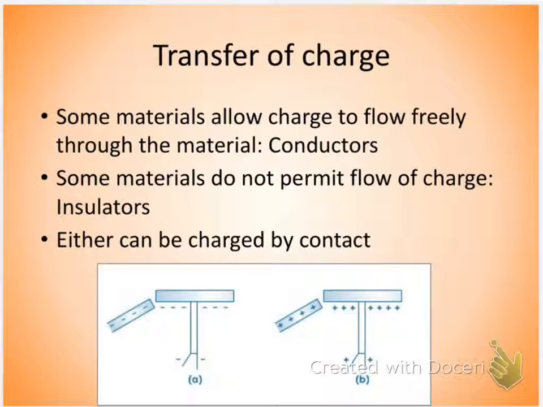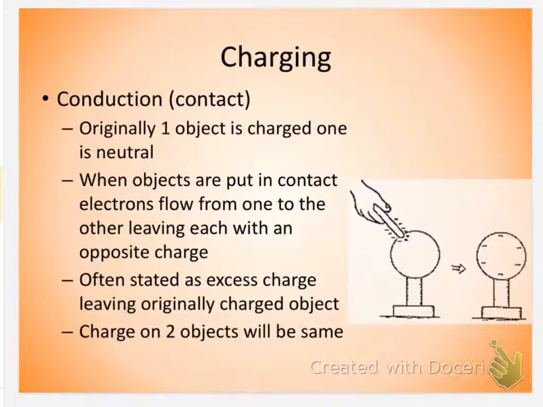Not unreasonable. That's called conduction, and this is a word I do want you to be familiar with. Remember, that's a subtle clue. You should be able to describe to me what charging by conduction is. So when you charge something by conduction, you have a neutral object and you have a charged object.